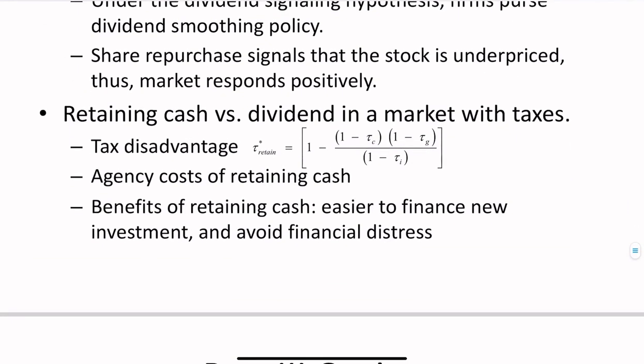And last, we talk about retaining cash versus paying out. To be more specific, we talk about retaining cash versus dividend. And then we find out that retaining cash has tax disadvantages.